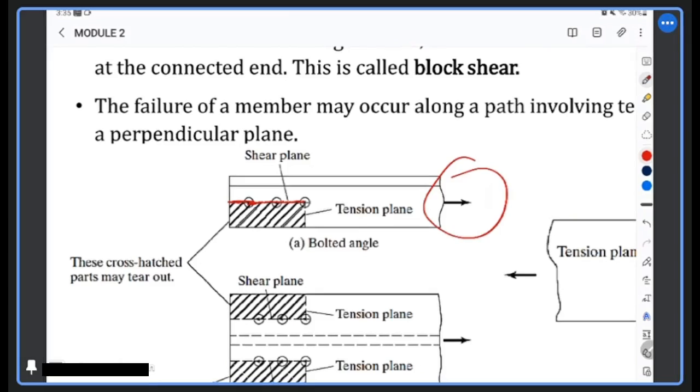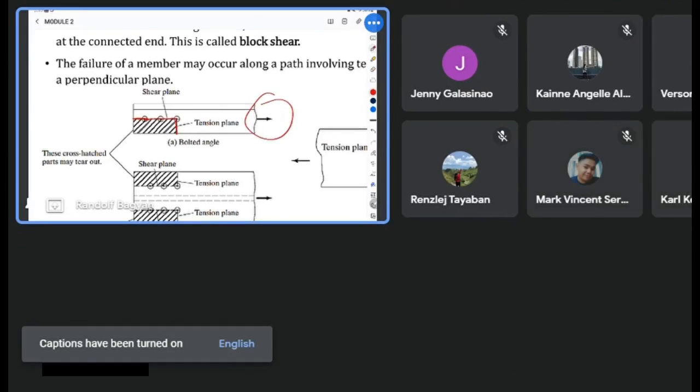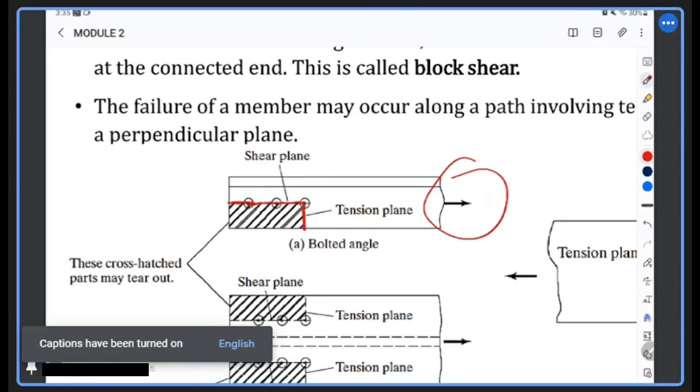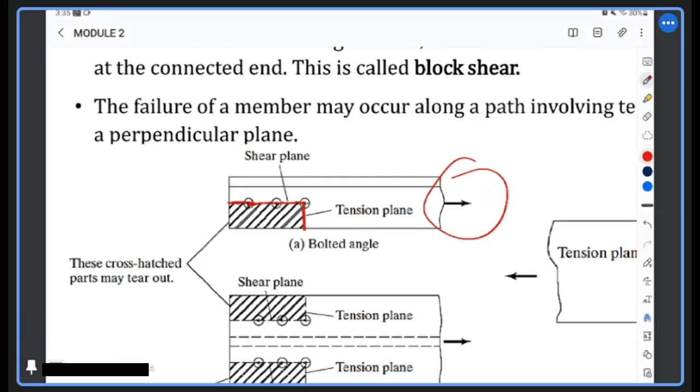This is in tension plane. Okay. Because alam nyo naman kung ano formula for tension and shear, di ba? Yung basic stress formula. Okay?